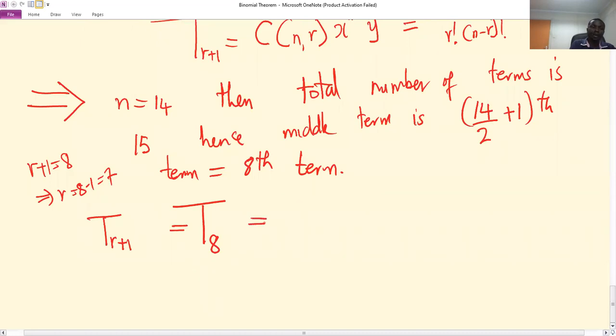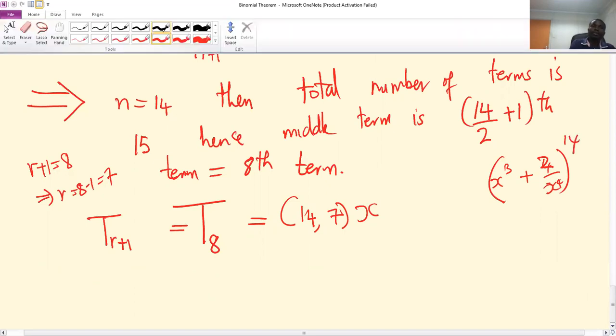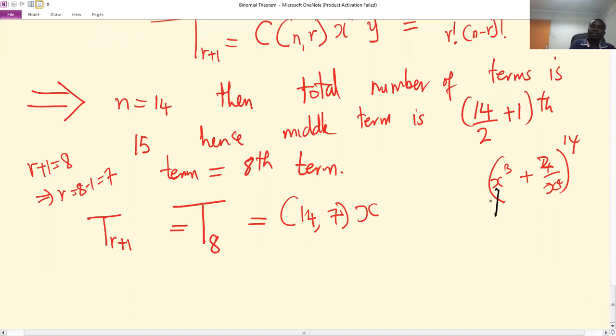So this will be given by: 14 is our n, r is 7, and remember the expression we have is (x^3 + 2/x^4) raised to the power 14. So this is in the place of x, this is in the place of y.